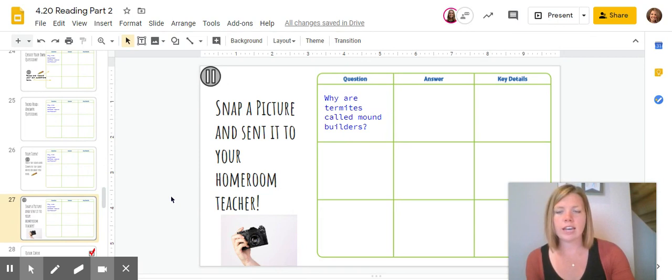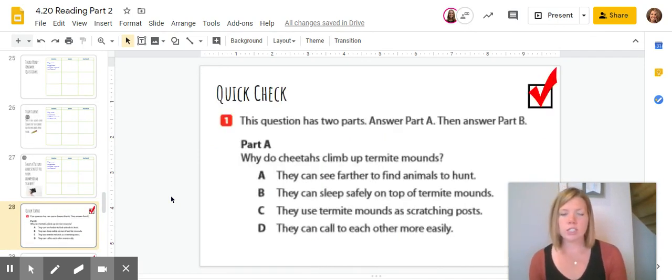Once you've done that, I would like for you to see if you can answer these questions. We're going to do a quick check. Ms. Bornhorst came up with some more questions, and I would like for you to use some sign language to answer them before we check our answers. If you're in my class, you know that we use sign language to represent A, B, and C as our answers.